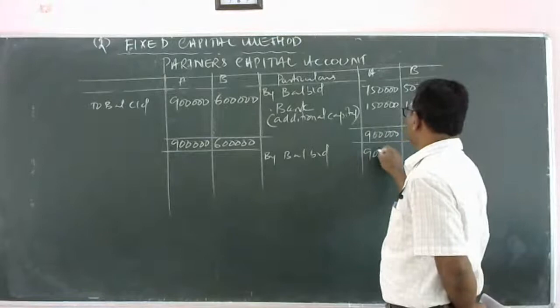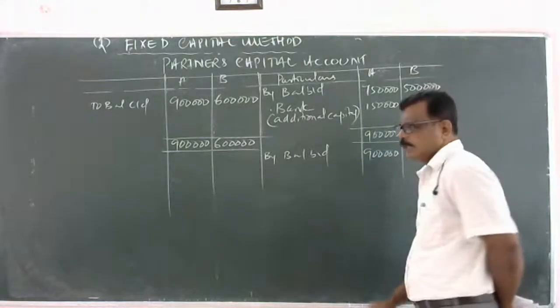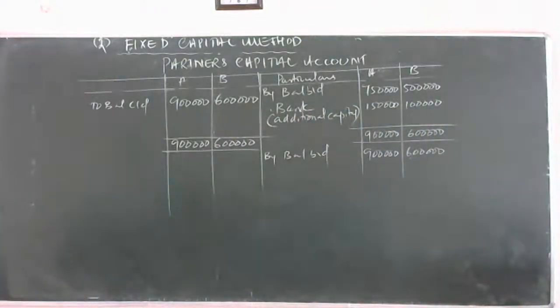Beginning of the next year, the opening balance is 9 lakh and 6 lakhs, A and B. This is the capital account in the fixed capital method.